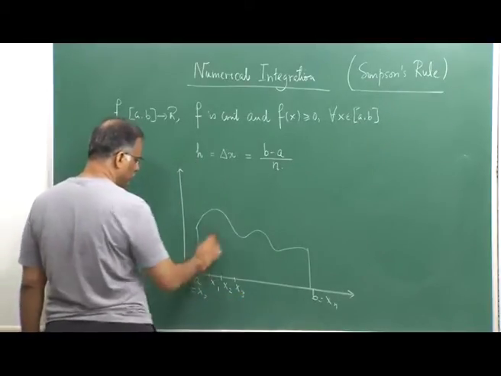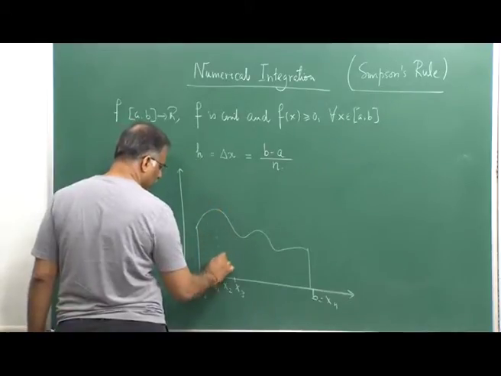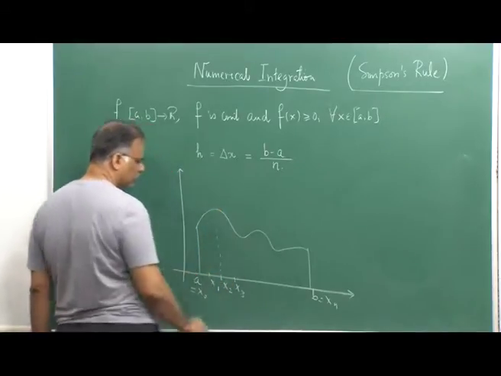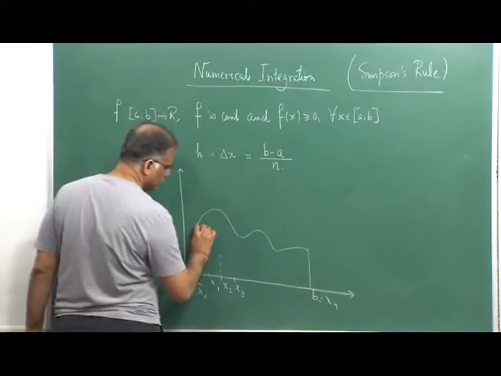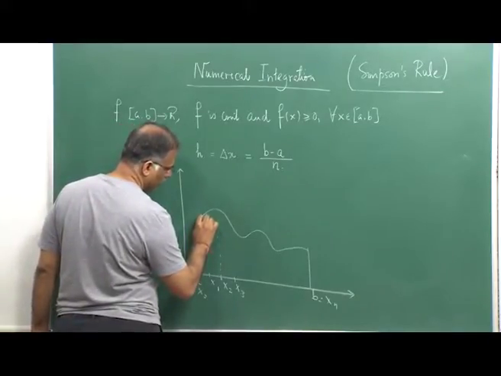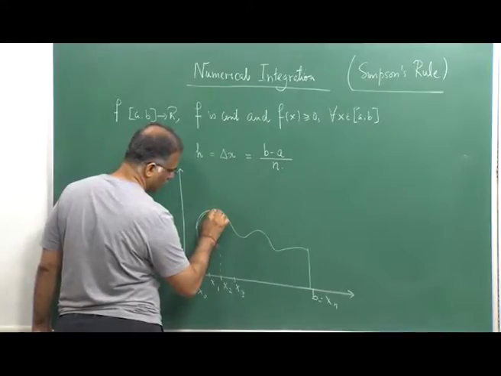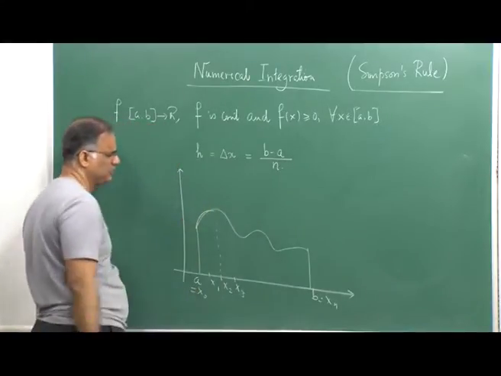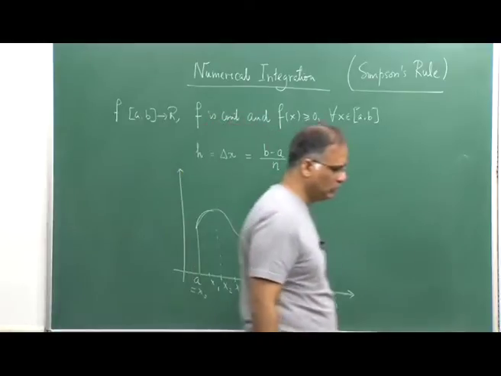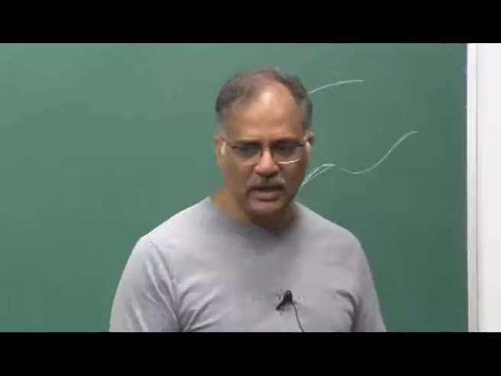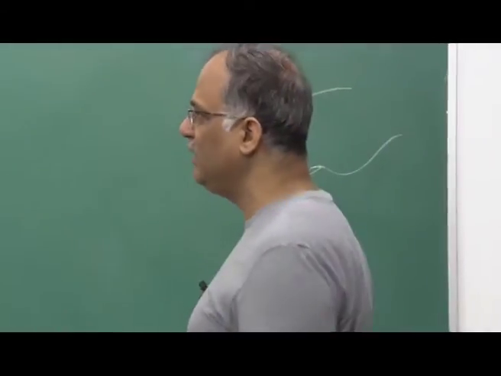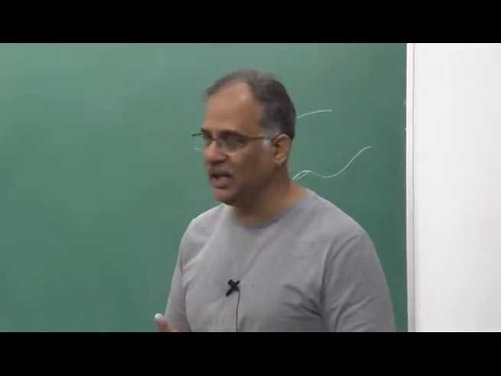What I do is consider these 3 points and approximate the curve here by a parabola, because for a parabola of the form ax square plus bx plus c, I can immediately evaluate the integral, since its antiderivative is known.